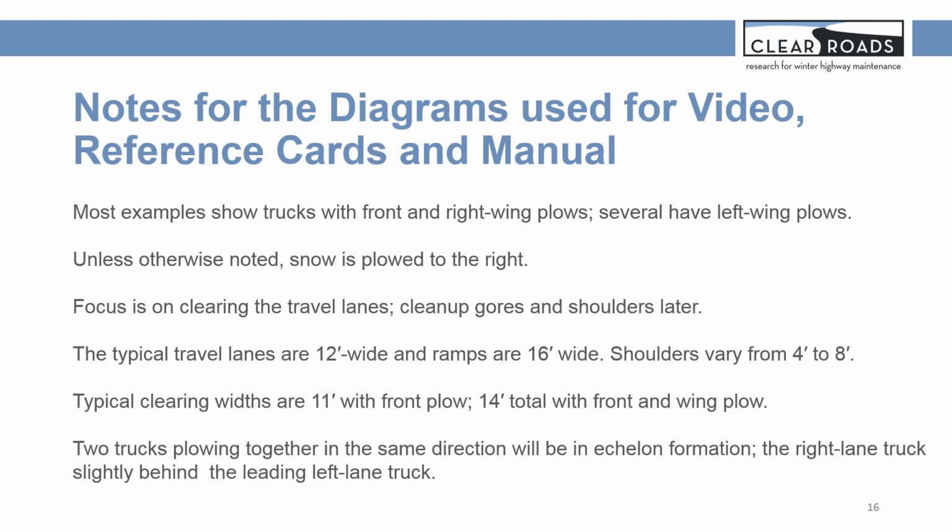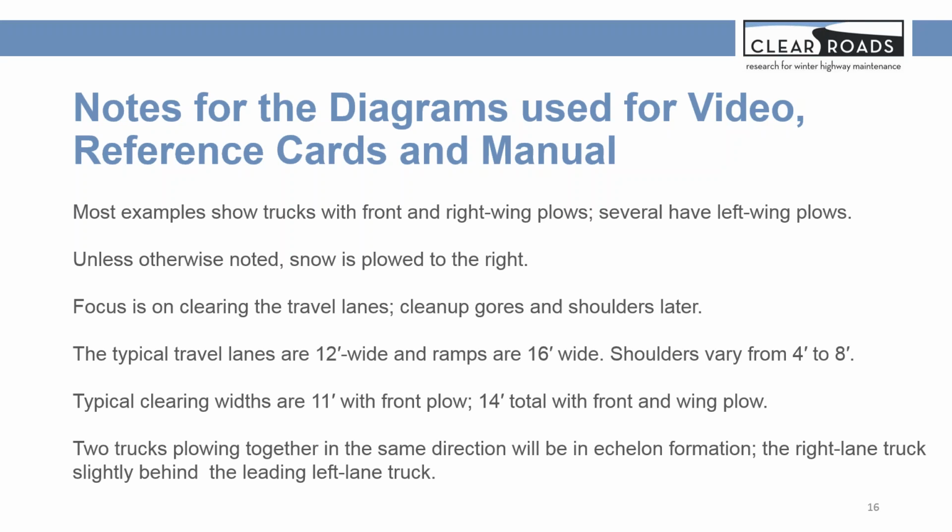Also included will be some notes for the diagrams we used in the video, the card, and the manual. Most of the examples use trucks with front and right wing plows. Sometimes we do use plows with dual wings, left and right. For all the examples, we focus on clearing the travel lanes first, and then the gore areas and the shoulders.